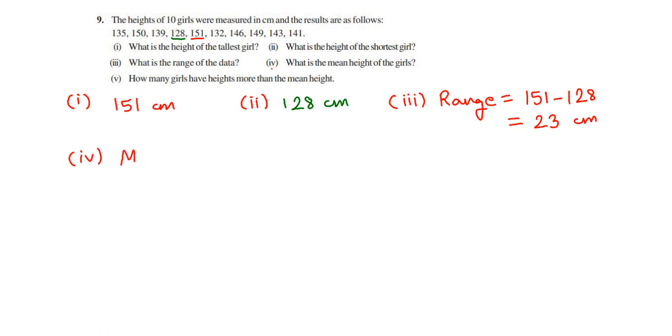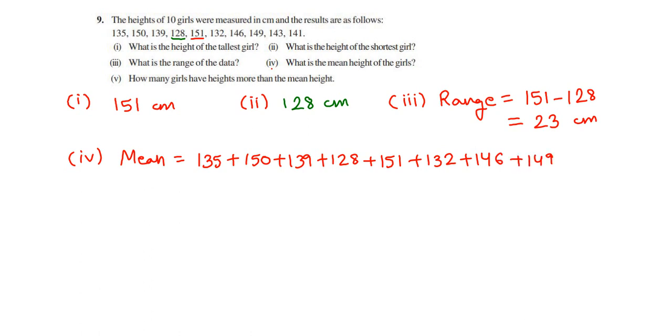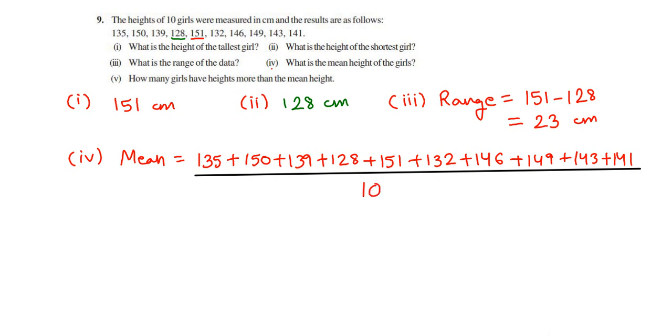So we'll write mean as sum of these numbers 135, 150, 139, 128, 151, 132, 146, 149, 143, 141, and these are to be divided by 10. The number of observations is 10.